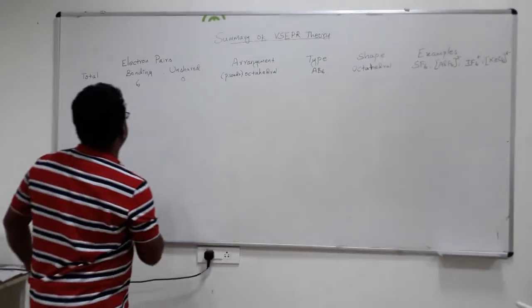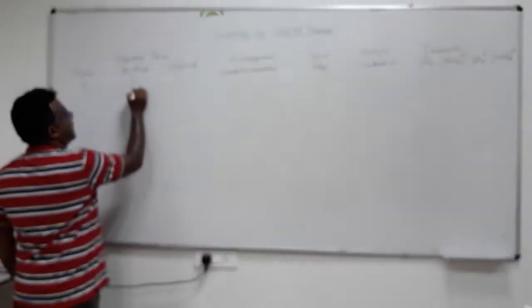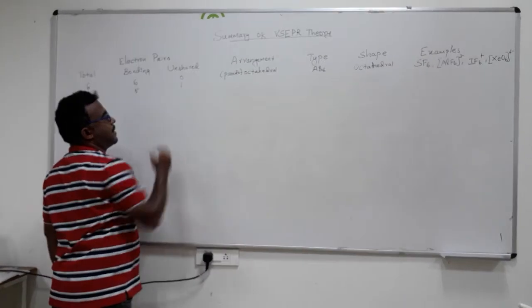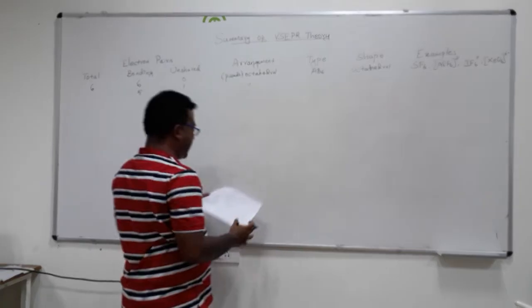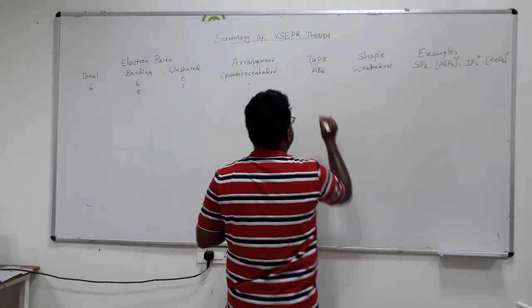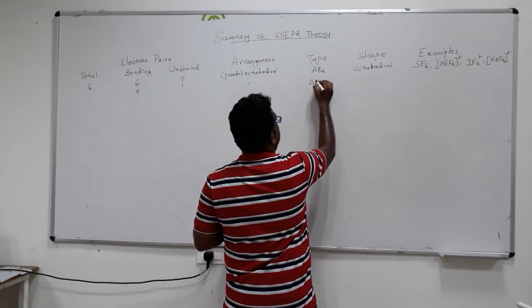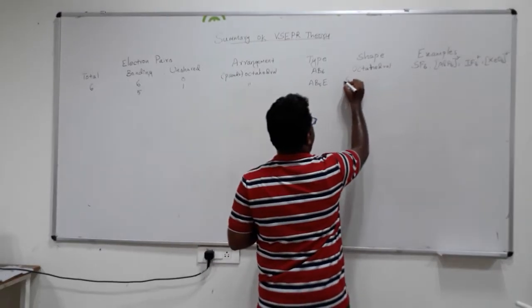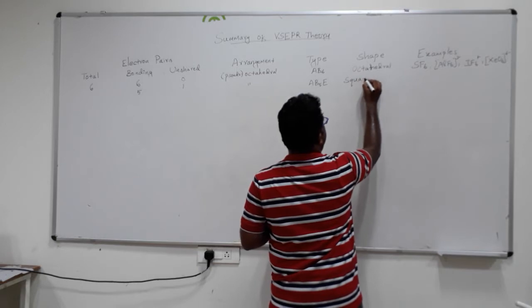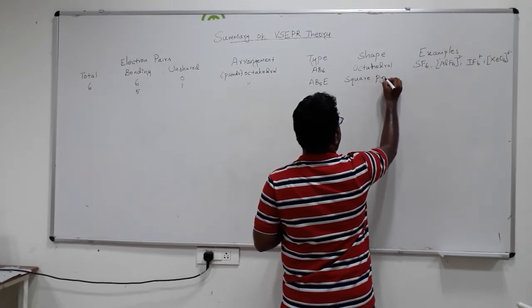Okay. In case you have 5 bonding electron pairs and 1 unshared pair of electrons, the arrangement will again be pseudo octahedral. The type will be called AB5E, square pyramidal. Again, the shape will be called square pyramidal.